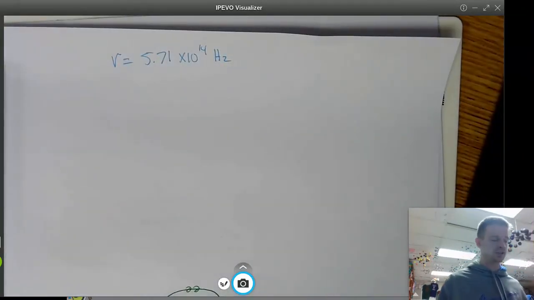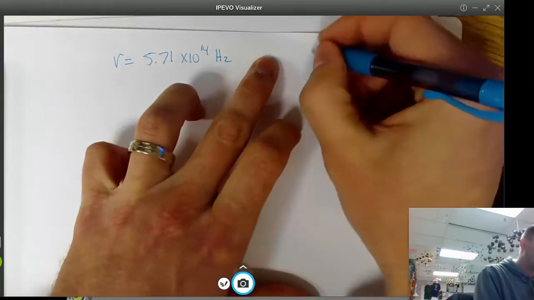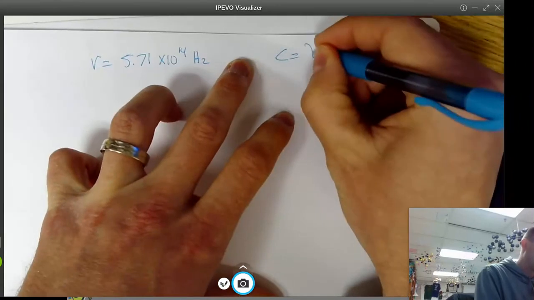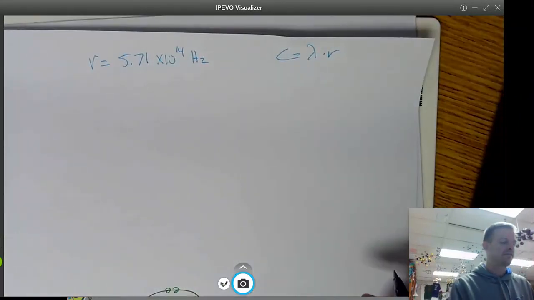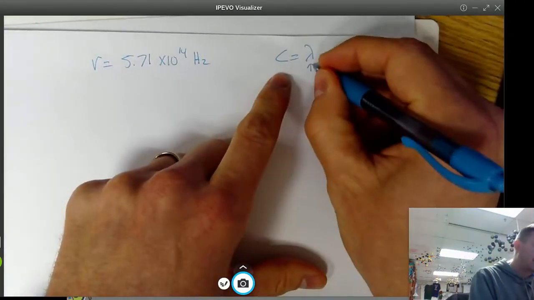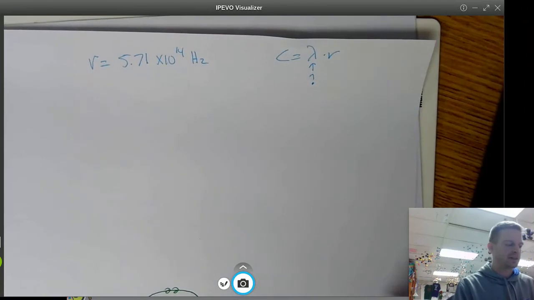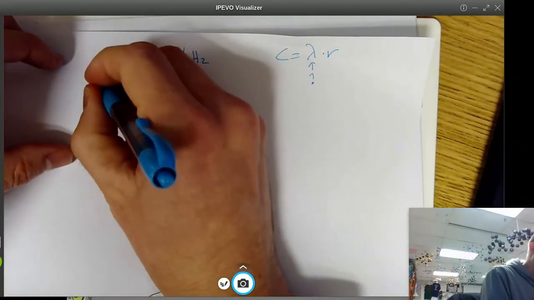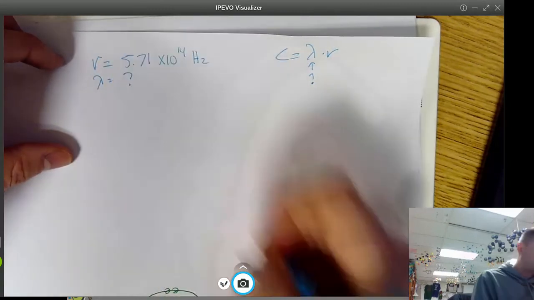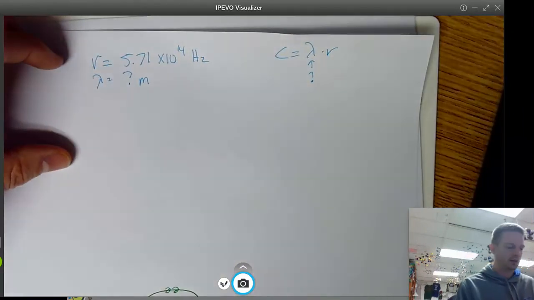We only have one equation so far, and so on this one, I'm going to use the equation c equals lambda times nu. It asks us to find the wavelength, knowing we have the frequency. So my wavelength is going to be my unknown, and that should be measured in meters, so you might want to take note of that.